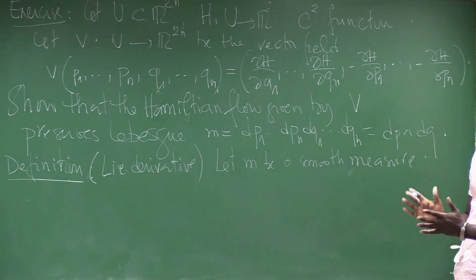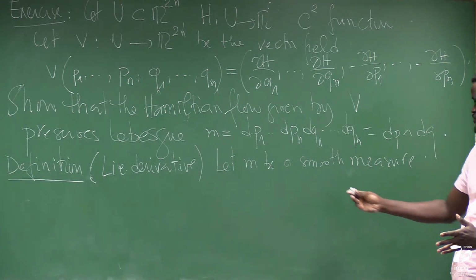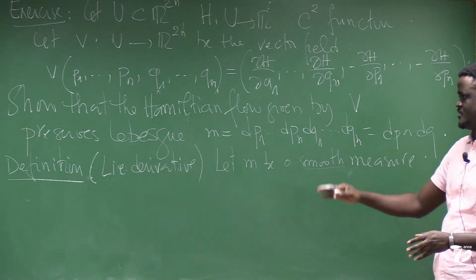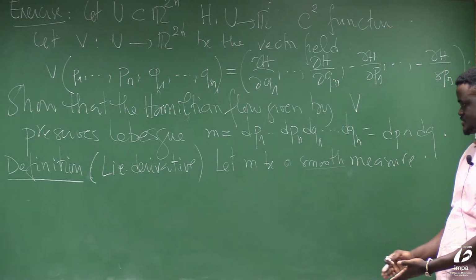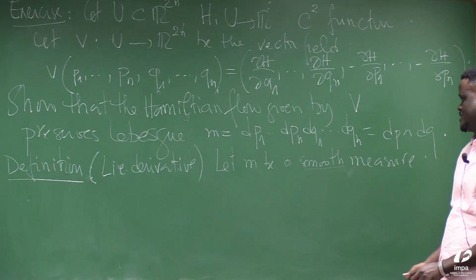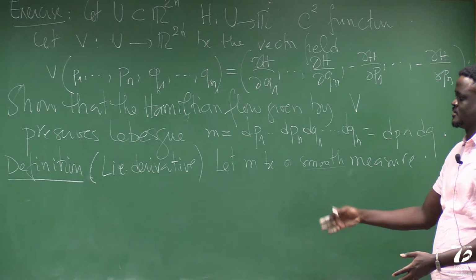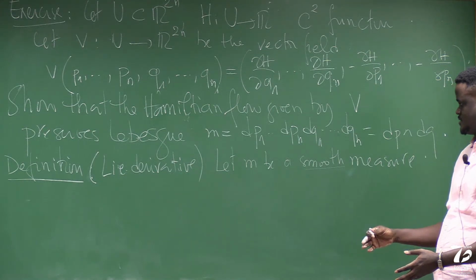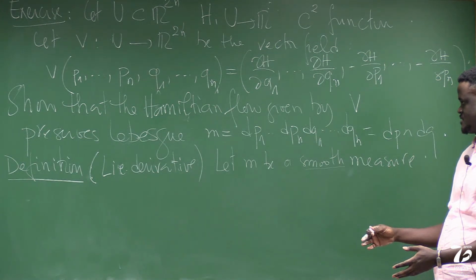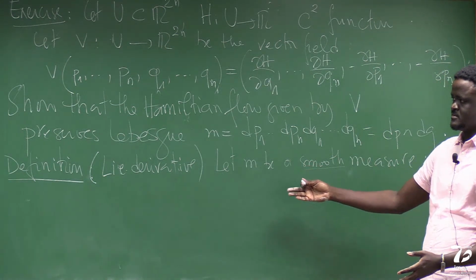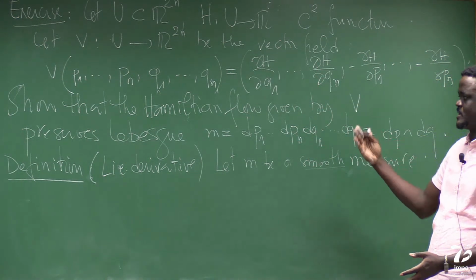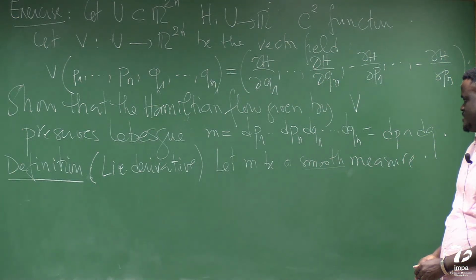When I say a smooth measure, we know Lebesgue is smooth because it comes from the usual coordinates, which are smooth. Another smooth measure can be seen as the multiplication by a smooth function of dx1, dxn. That also defines a smooth measure.